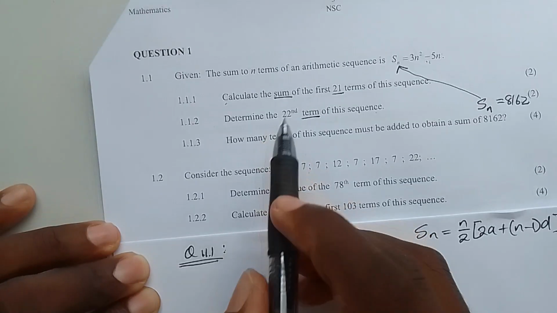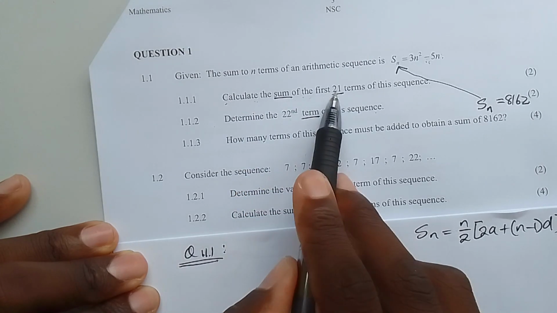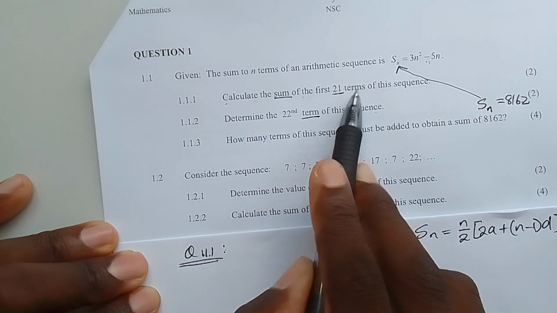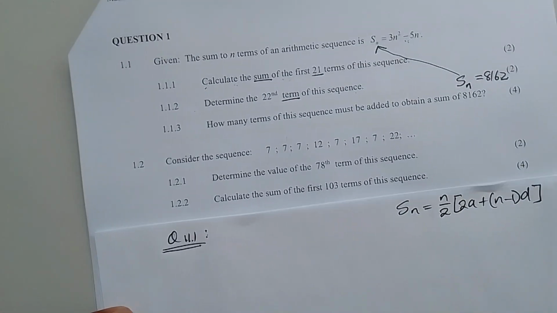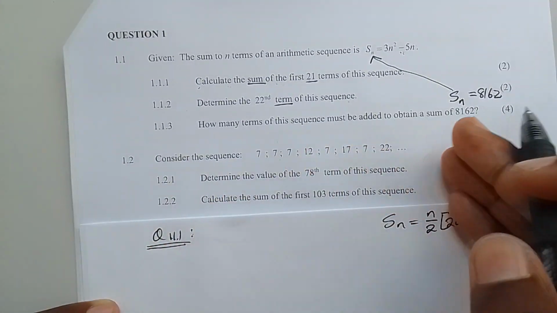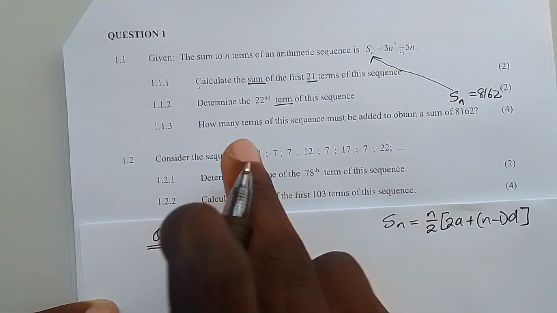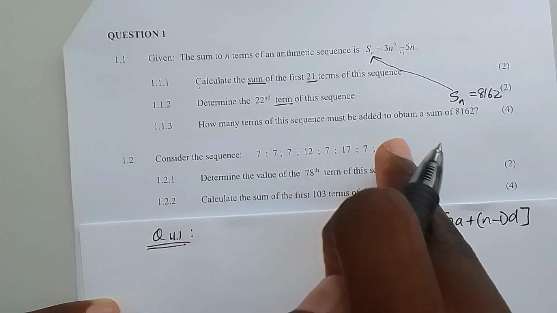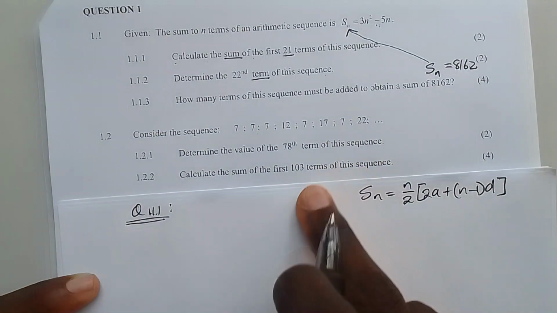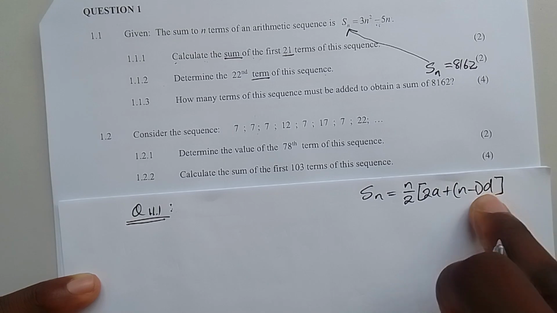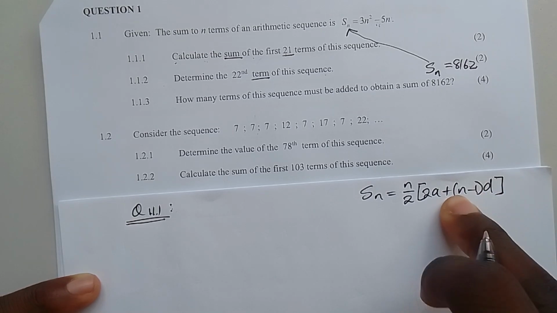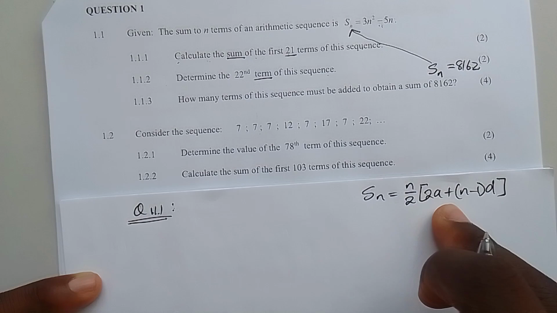Question 1.1 says calculate the sum of the first 21 terms of the sequence. If you were given a sequence, like the first term and the second term, and you had to calculate the sum, you would use this formula. You would find the difference, write the number of the term that you want, and write the first term.